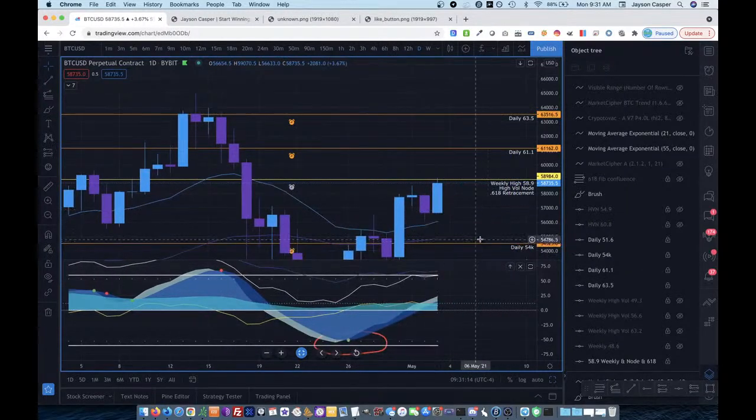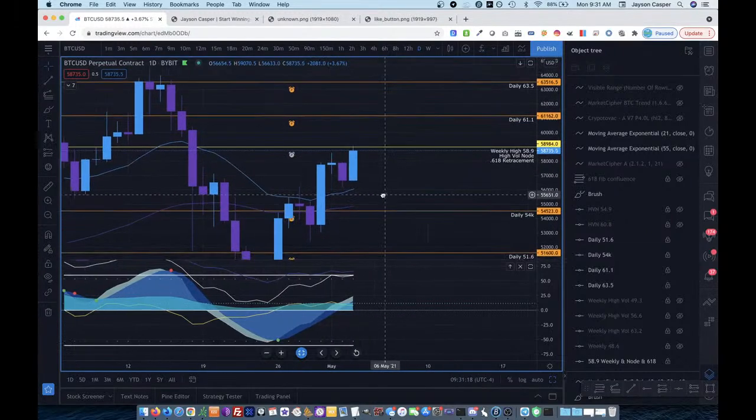And so that's just something to keep in mind here. There's still a lot of bullish momentum on Market Cipher B for now.